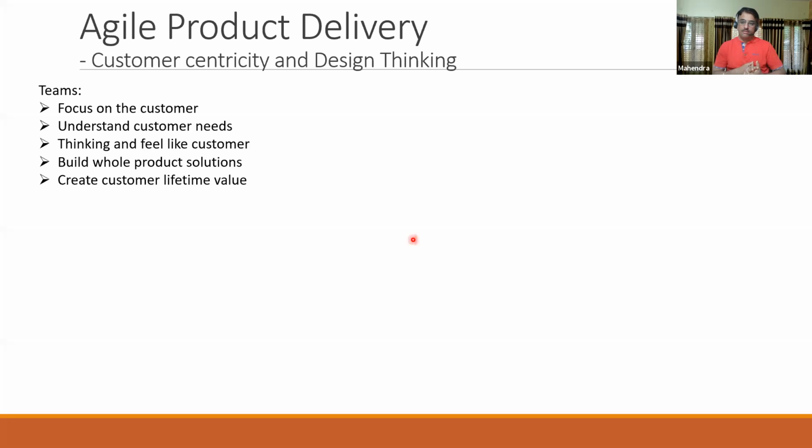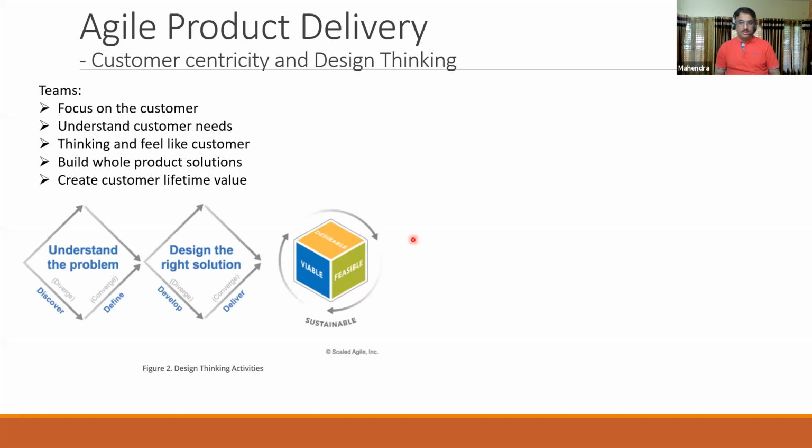And the team focuses on creating customer lifetime value. So that is what the teams focus on, and the entire team starts thinking from a design thinking point of view. There are two aspects to design thinking. One is understanding the problem, and the other is designing the right solution.